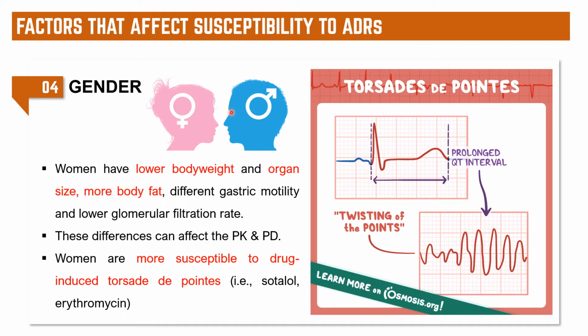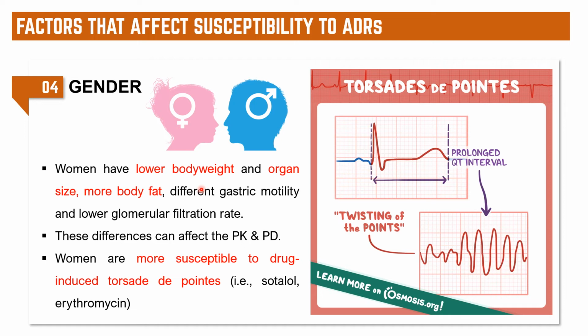The biological differences of male and female affect the action of many drugs. The anatomical and physiological differences are body weight, body composition, gastrointestinal tract factors, liver metabolism, and renal function.